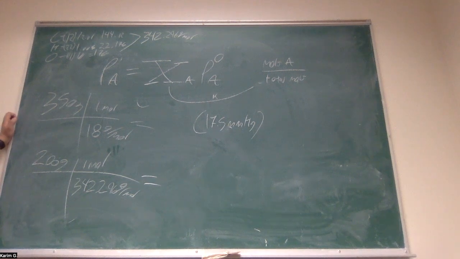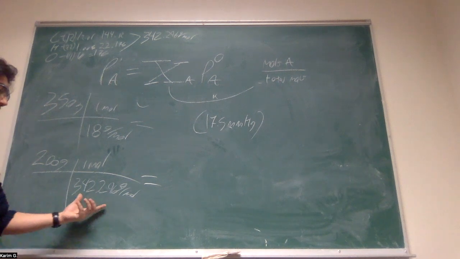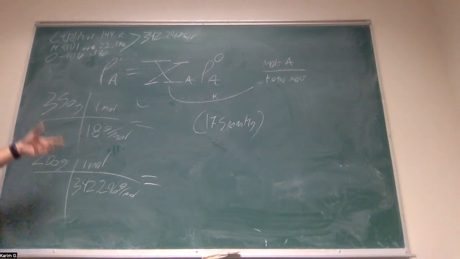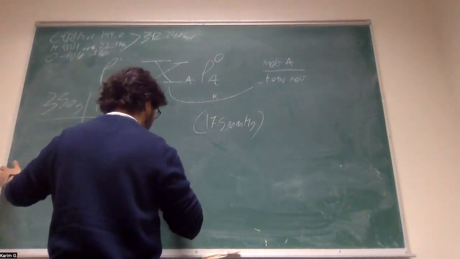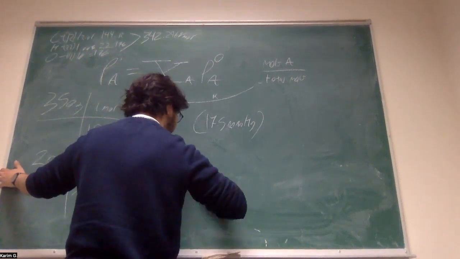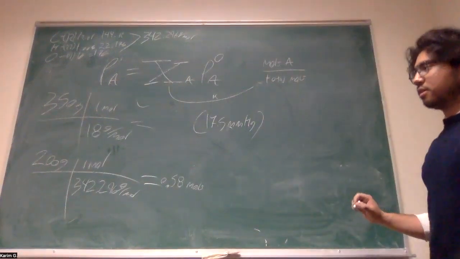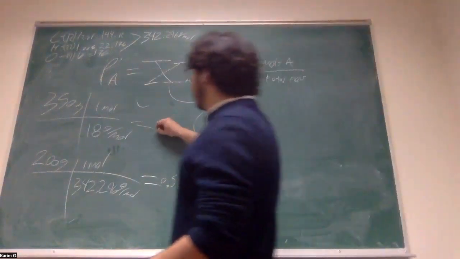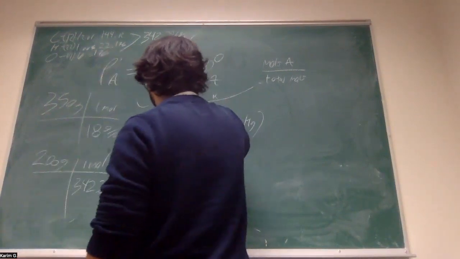So what do you guys get when you divide 200 by the molar mass? 0.58. Did everybody get that? Yes? What about water? 19.4. 19.4? Okay, cool. Moles.